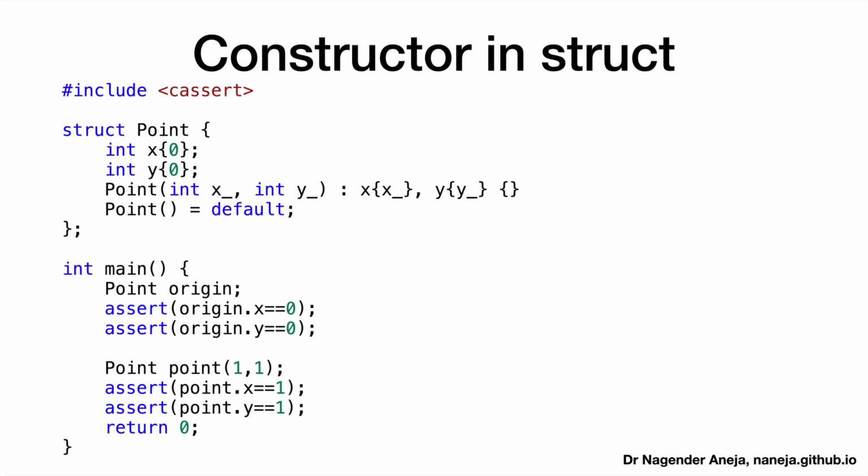This is another way of assigning the values to the member variables. This is called the initialization list, or initializer method.